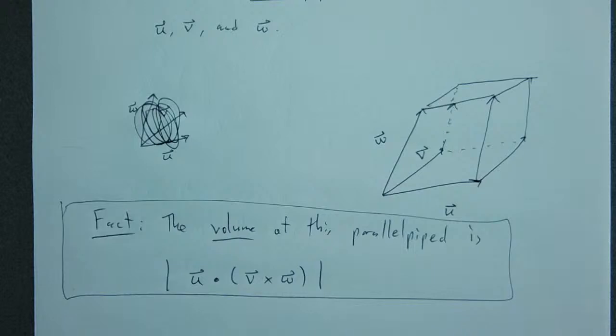Because this can be interpreted as a determinant, and determinants behave this way with respect to area and volume. Okay. Parallelepiped, yes, that's the word.